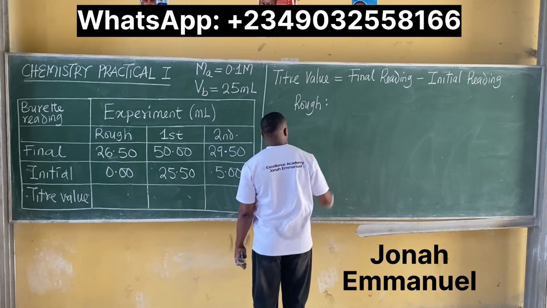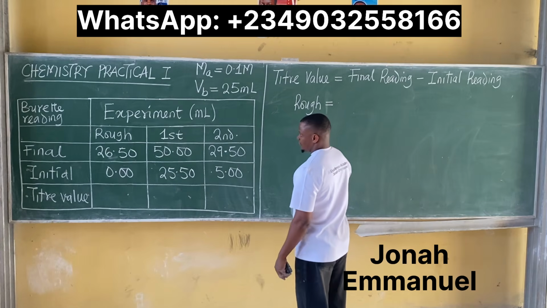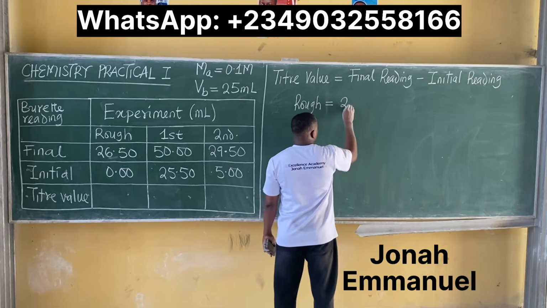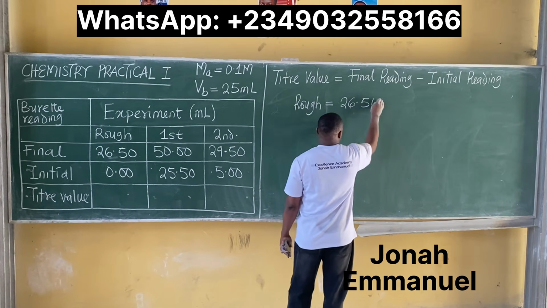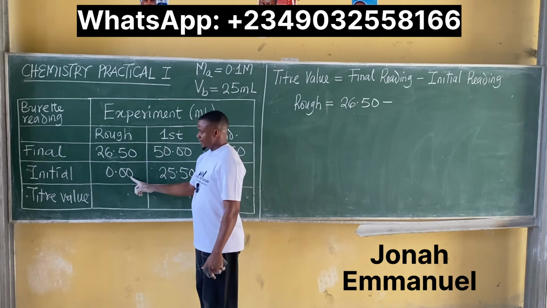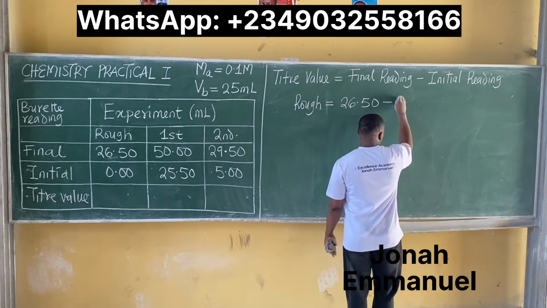For the rough, the final reading is 26.50. So 26.50 minus the initial for rough, under rough here. The initial is 0.00. So minus 0.00.